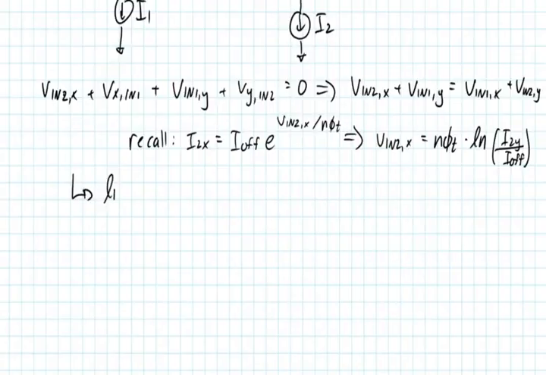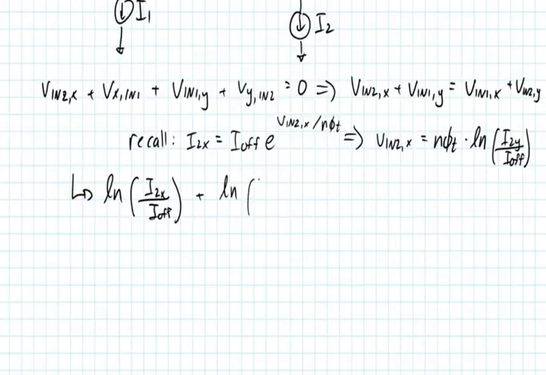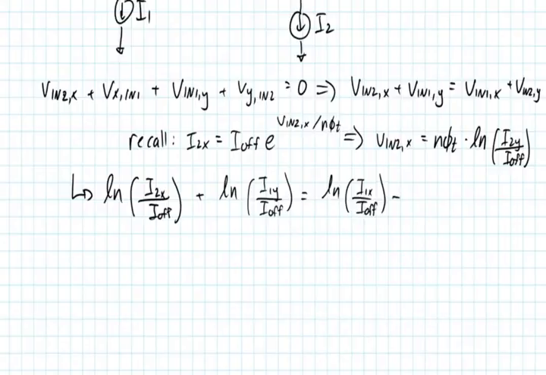We say the natural log of I2x over I off plus the natural log of I1y over I off, also noting that the x's are part of this expression, is equal to natural log of I1x over I off plus the natural log of I2y over I off.